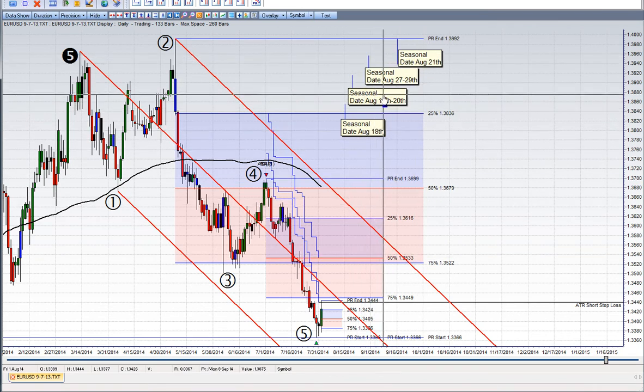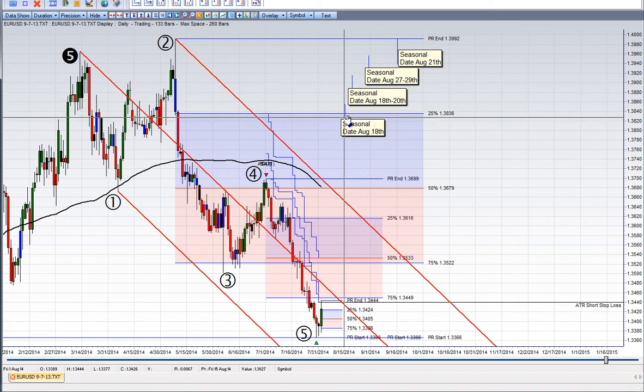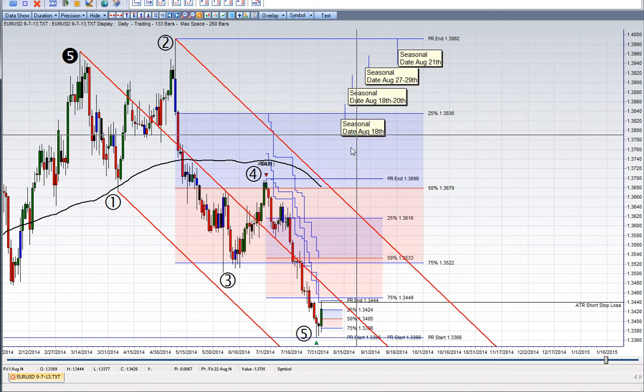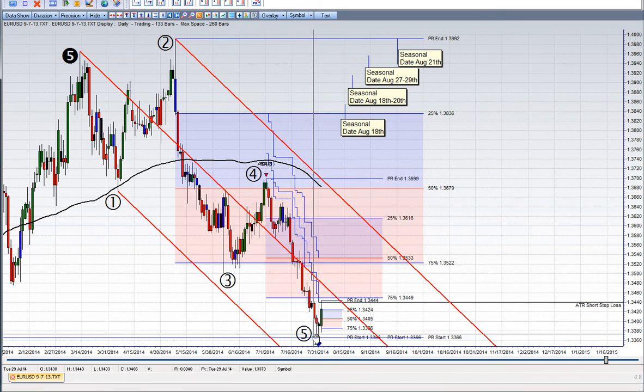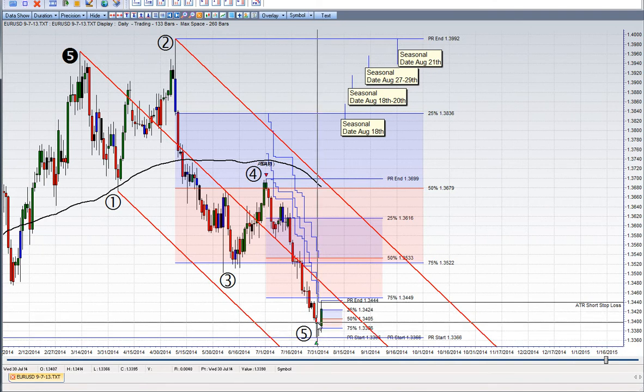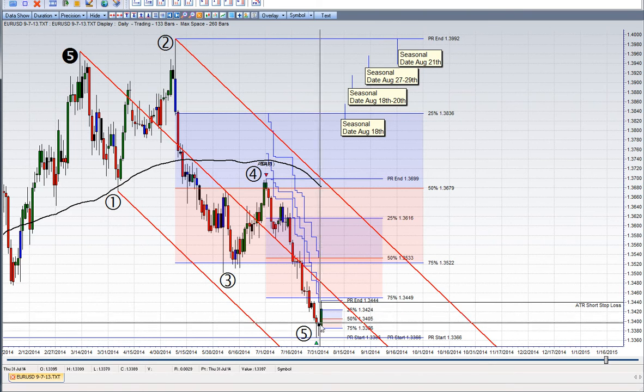You can see that the 18th, there's a cluster set right there. So you get 2 hits. So it should be interesting what happens on the 18th. You can see we came down, put a doji pretty much here, put a pivot low on the 30th, and did what I call a bull kicker candle, which is this one.